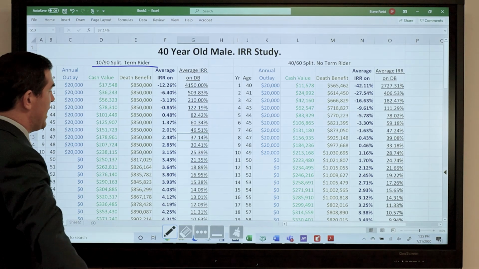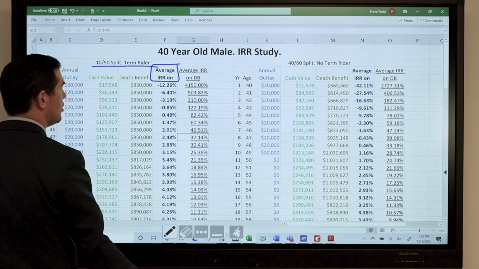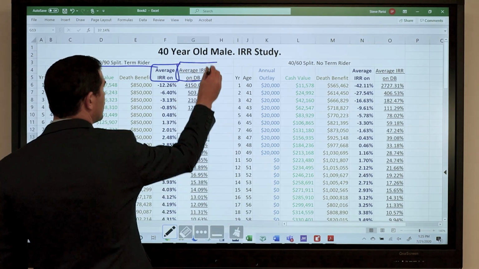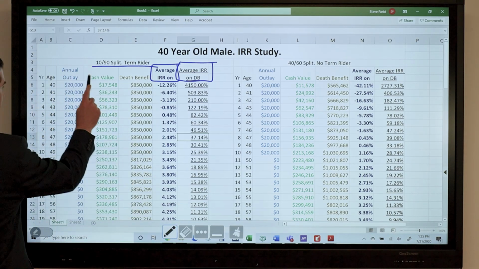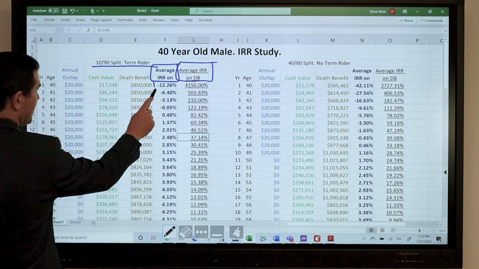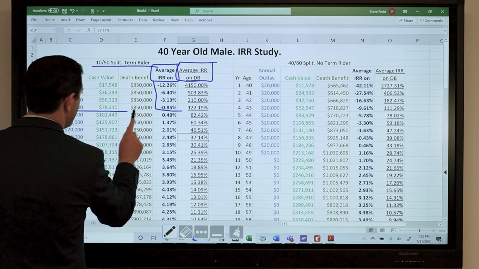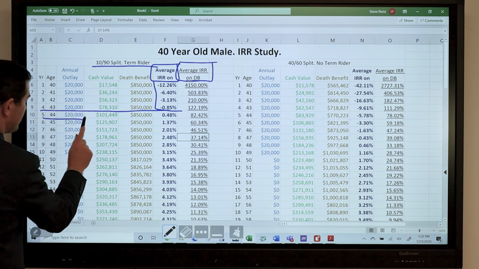But here's what I want to look at. So I've got my average internal rate of return on cash value and my average internal rate of return on death benefit. Okay, I'm paying money in. Look at this. I'm negative up until year 5. At that point in time, I've paid in 20 times 5 is $100,000.